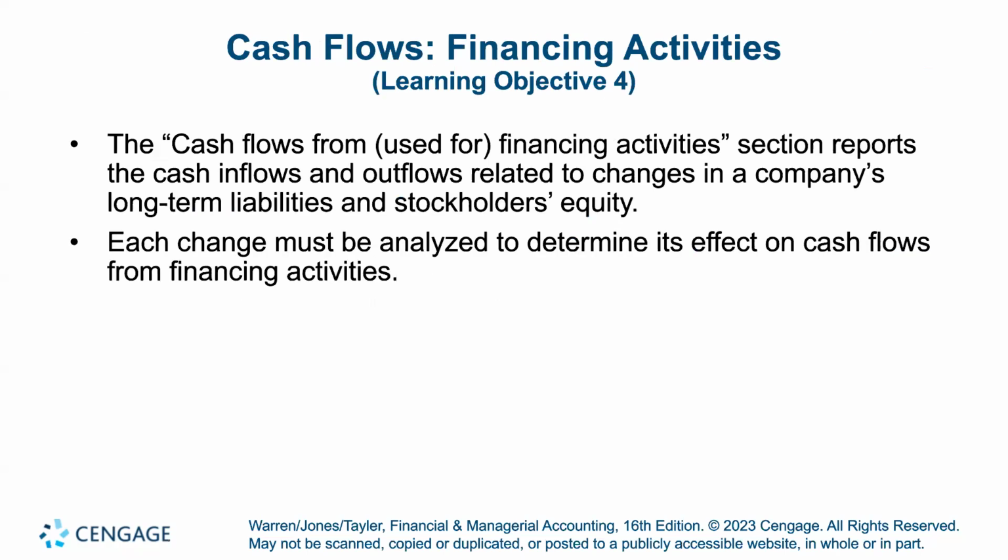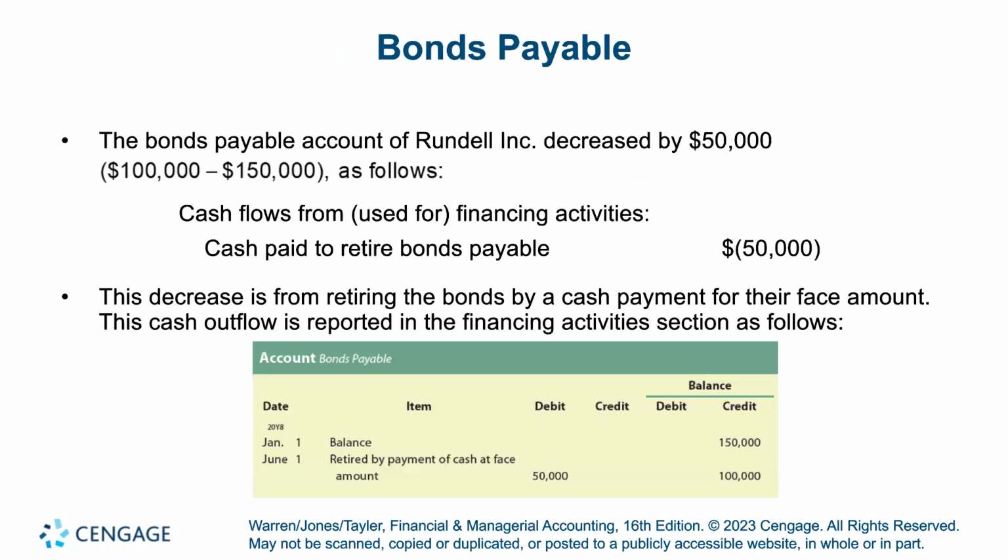All right. And then the final section is the financing activities section. So investing is the purchase of fixed or long-term assets or the sale of them. And then the financing section is either borrowing money or paying off debt or selling stock or buying back stock or paying dividends to our shareholders.